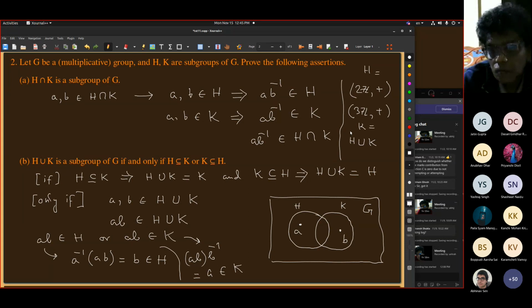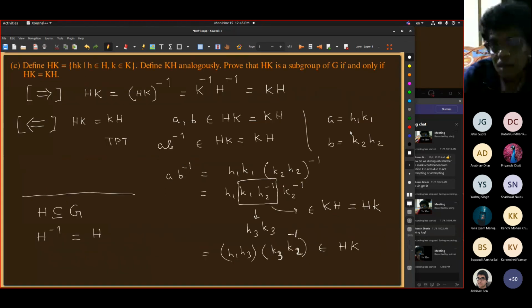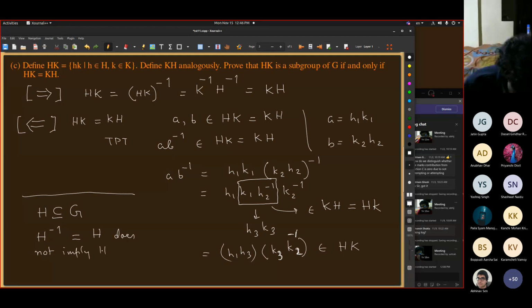So this alone does not prove the group property. So I need to prove something where both inverse and the operation are involved. Agree? Yes. Okay. So this alone does not imply H is a subgroup. Yeah, it's a good and important concept.